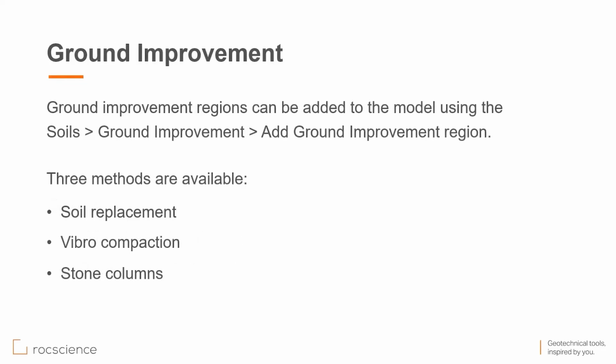So in terms of ground improvement, there are regions that users can apply by selecting soils, ground improvement, and add ground improvement region. And there are 3 different methods that users can use in this feature, which are soil replacement, fiber compaction, and stone columns.